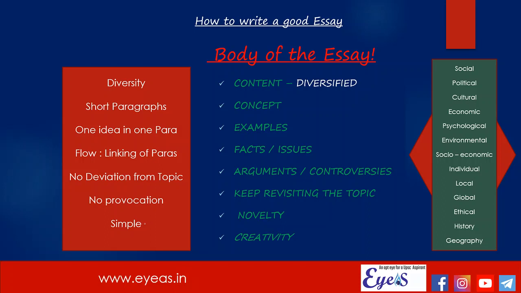Okay. So, keeping these things in mind, what are the tools that can be used for designing the body of an essay? You must give diversified content. You can give various concepts, themes. It's very important to give different examples wherein you are substantiating what you claim in your essay.